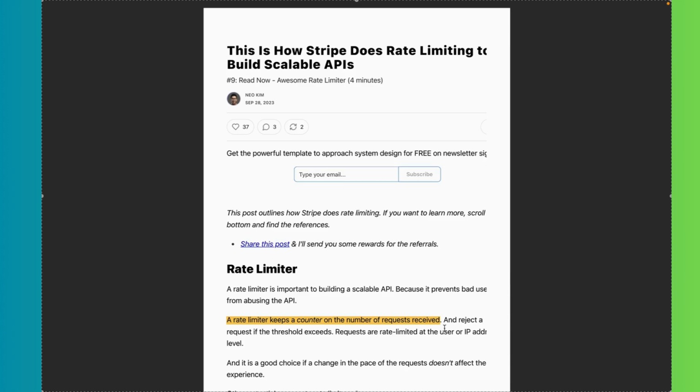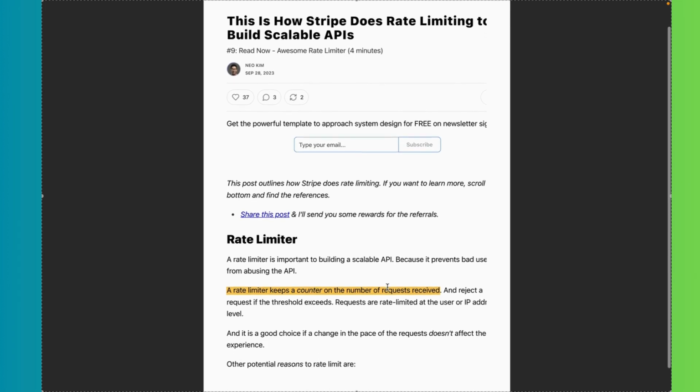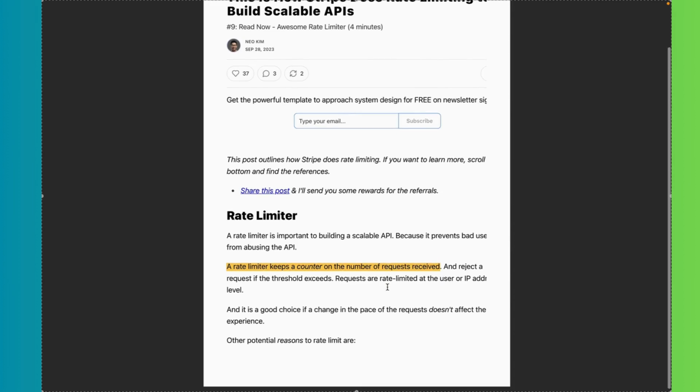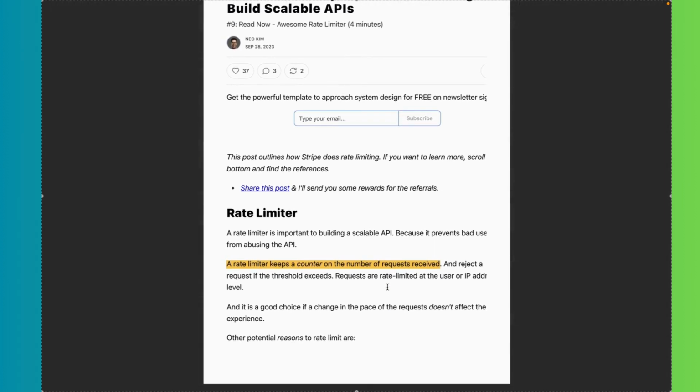A rate limiter literally means to limit the number of, in the API case, API calls. If you want to build scalable APIs, you need to secure your API from bad users abusing it. A rate limiter keeps a counter on the number of requests received.